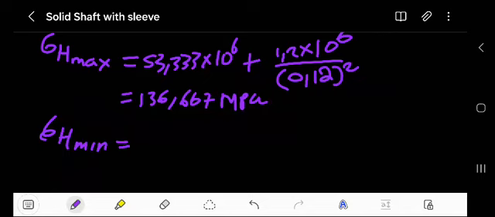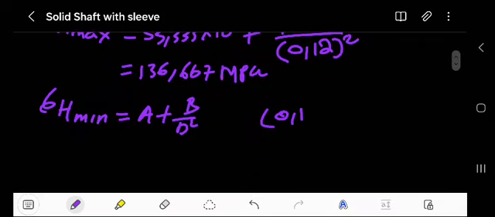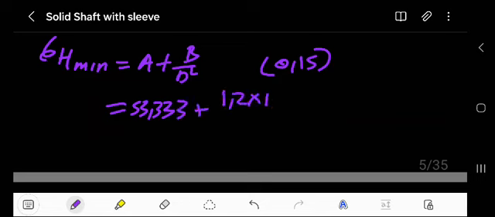Then the hook stress minimum, we want the minimum, this will be at the outer diameter. We know our formula. At the outer diameter of 0.15, our value of A is 53.333 plus B, which is 1.2 times 10 to the power of 6, divided by the diameter 0.15 squared.